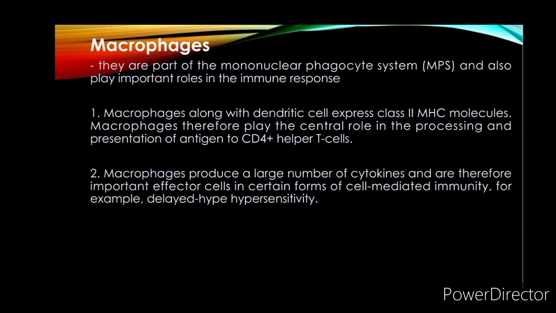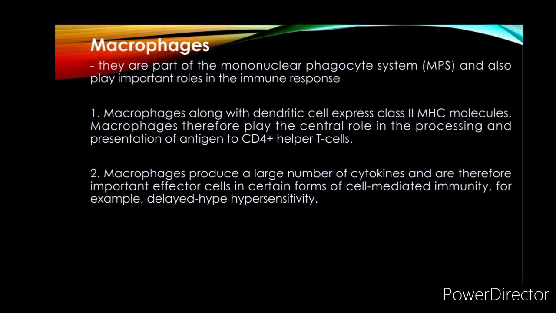So the first important role of the macrophages in the immune response is macrophages, along with dendritic cells, express class II molecules. Macrophages therefore play the central role in the processing and presentation of antigen to CD4 positive helper T cells.